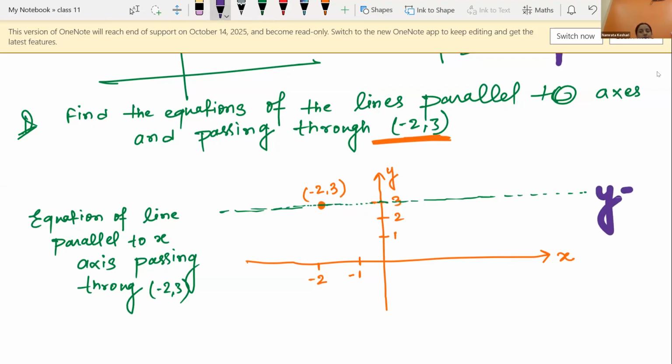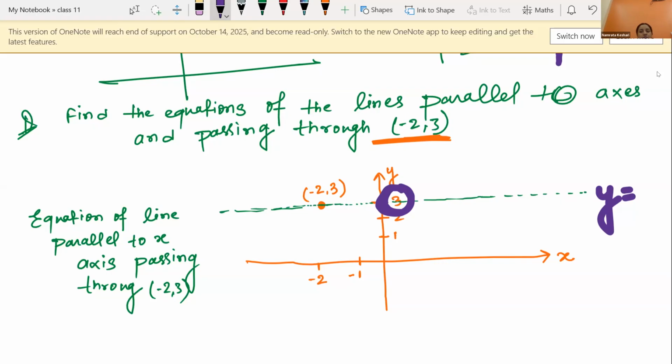It will be y equals to k, and that k is nothing but this number, the line passing through 3, that is (0, 3). Yes or no? That k value is nothing but the y-intercept. Yes, ma'am. Is it making sense to all of you?